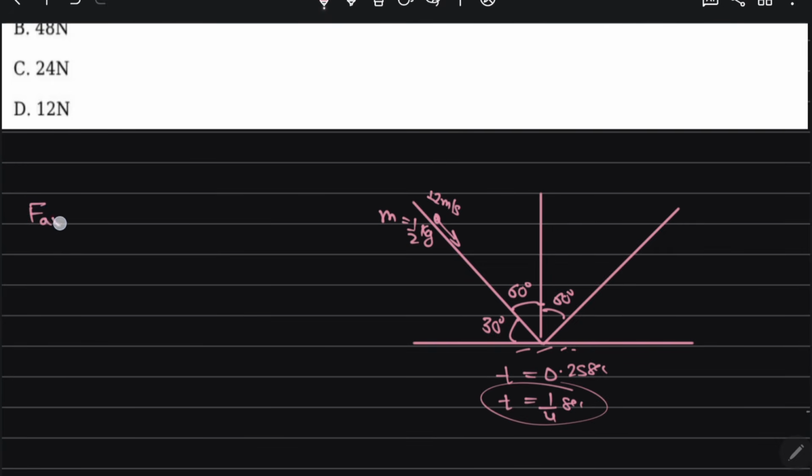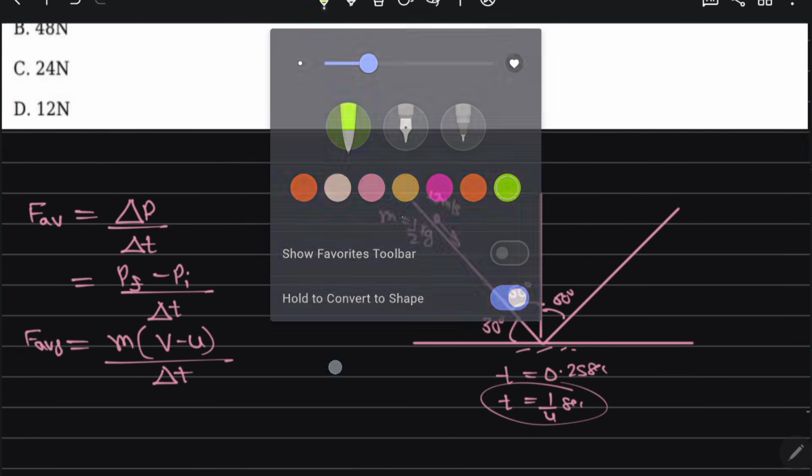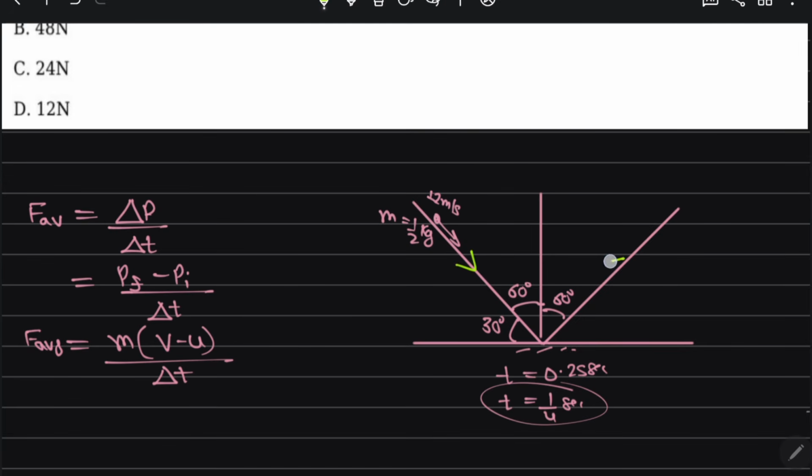So we know average force is basically change in momentum divided by time interval. So change in momentum, P final minus P initial, divided by delta T. Can I resolve these components?